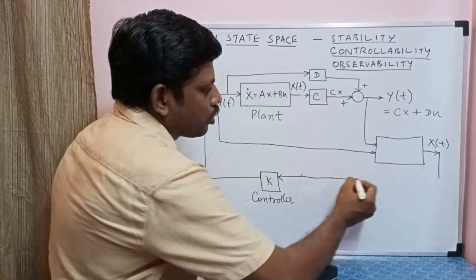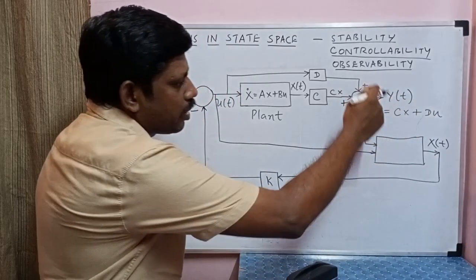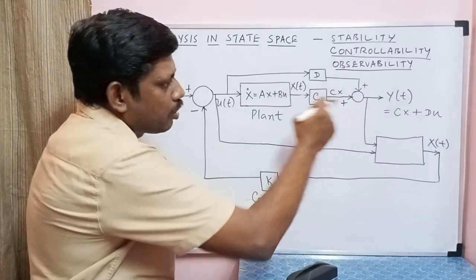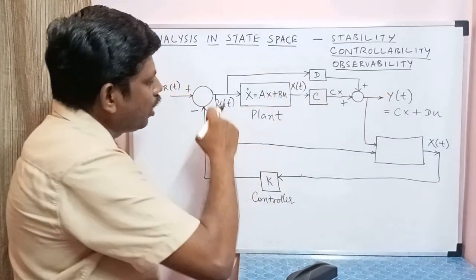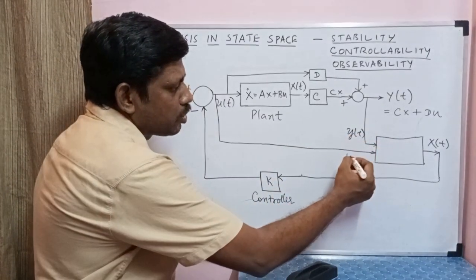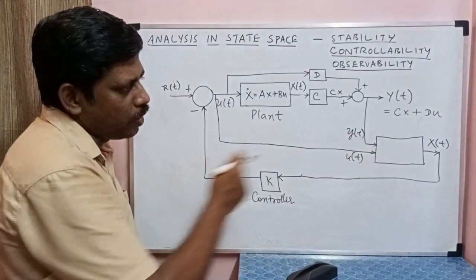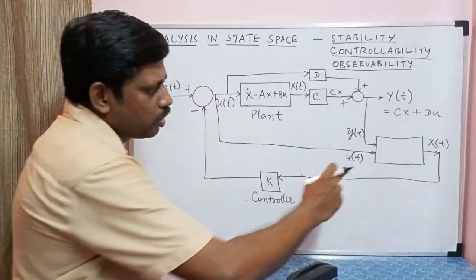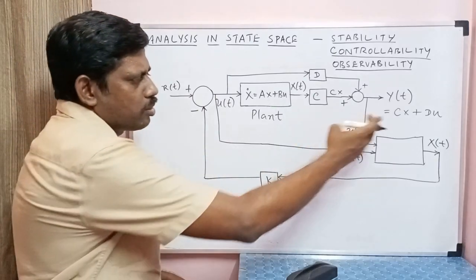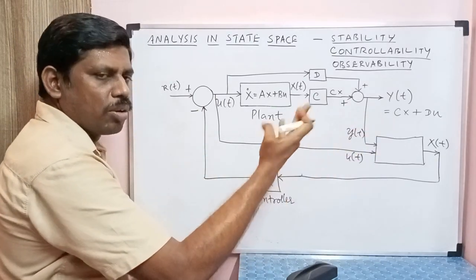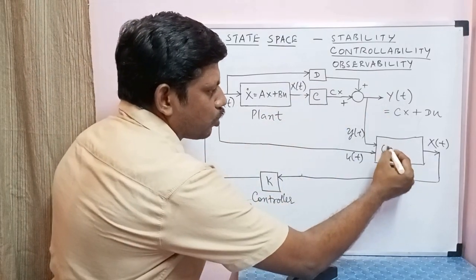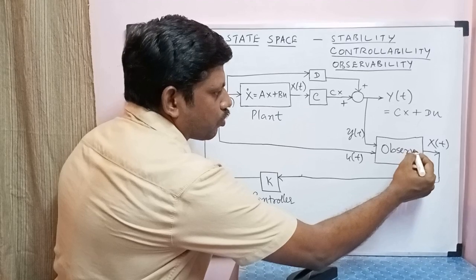So I reconstruct the state variables not directly, but from the output and using the input. This is y of t and this is u of t. Using this output and the input, I reconstruct the state variables and take it as feedback. This could be done mathematically or using some other physical devices. This component is what I call the observer.